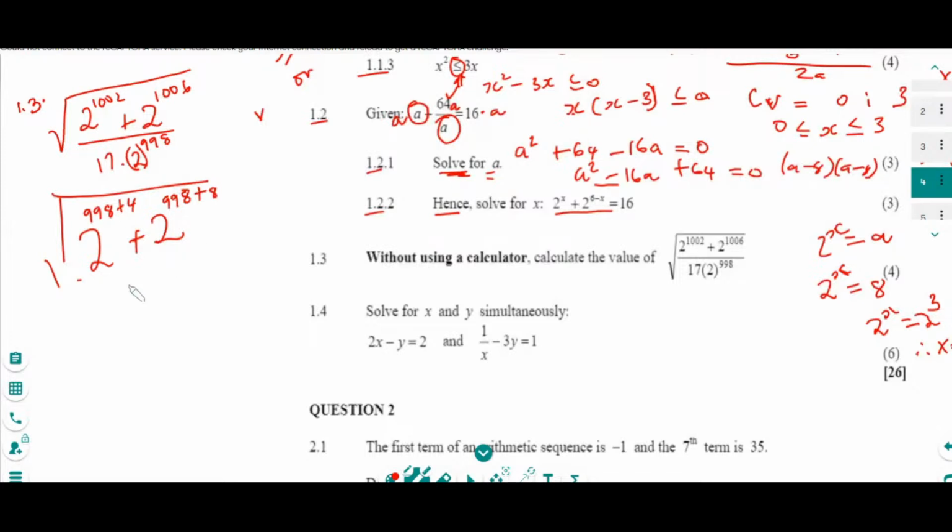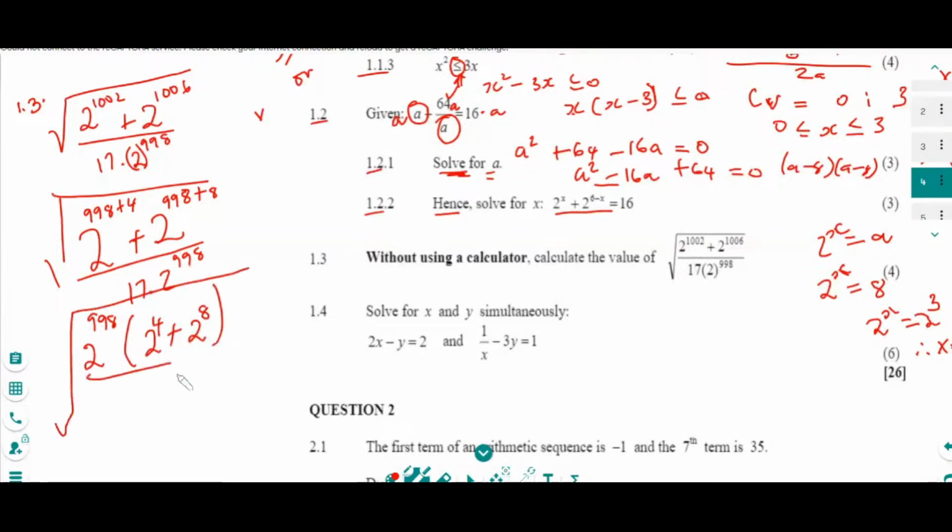And then I'm still dividing it by 17 times 2 to the exponent of 998. When I factor out the 2 to the exponent of 998, I'll have 2 to the 998 into 2 to the exponent of 4 plus 2 to the exponent of 8, still under the square root, over 17 times 2 to the exponent of 998.